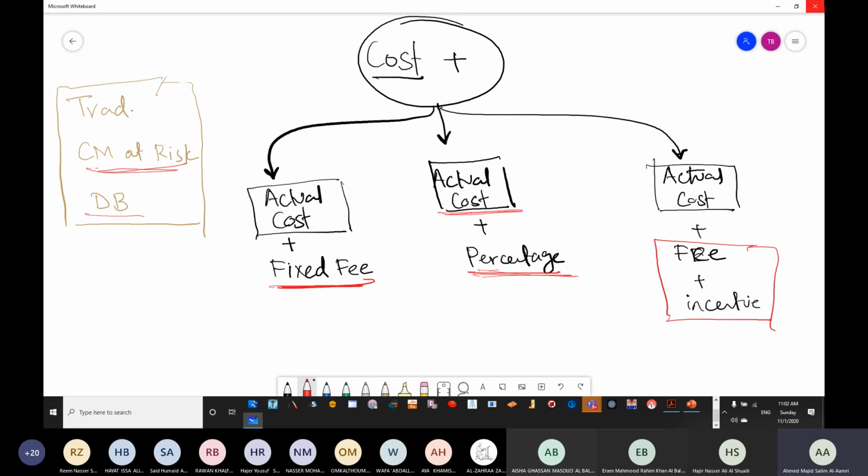For the contractor, it goes the other way around, which is for the percentage. That's why you need to read the questions I bring carefully. I play a lot in terms of whether I'm asking for the point of view of the owner or the point of view of the contractor. Okay. Are we fine?